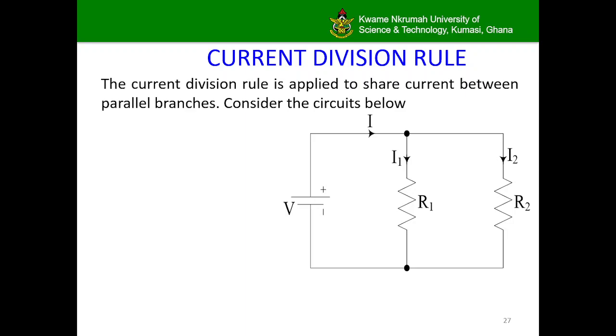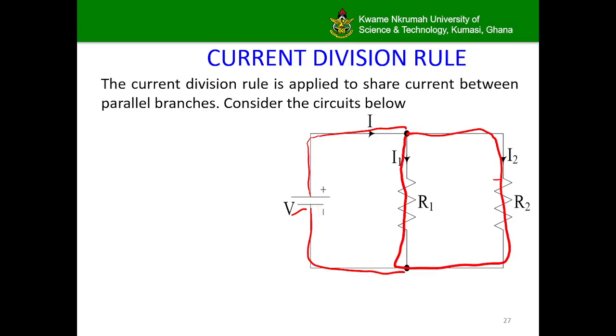In this circuit, we can see that we have a voltage source which is directly across a resistor R1, and then R1 is also in parallel with resistor R2, because you can go through both resistors and come back to your starting point without meeting any other elements.